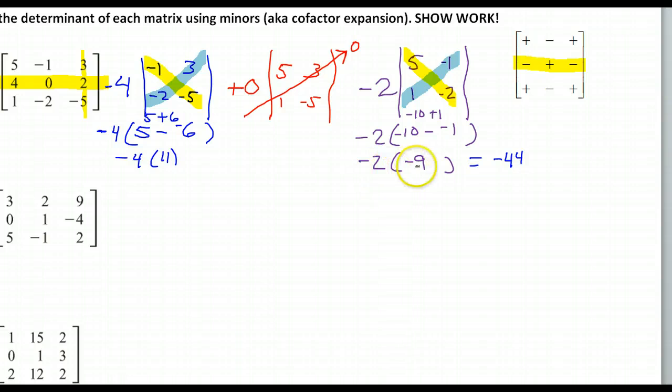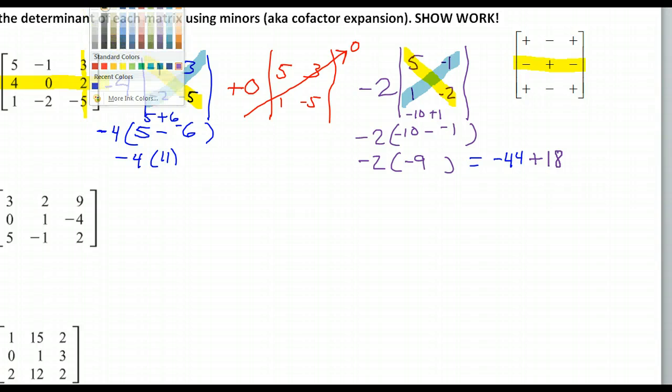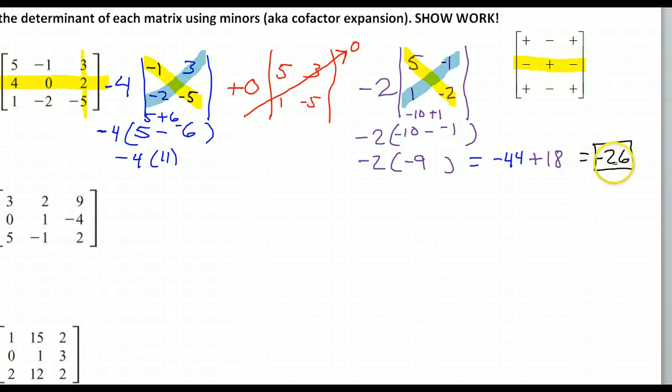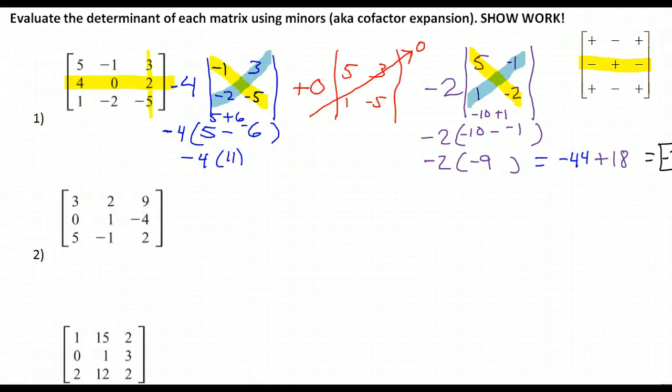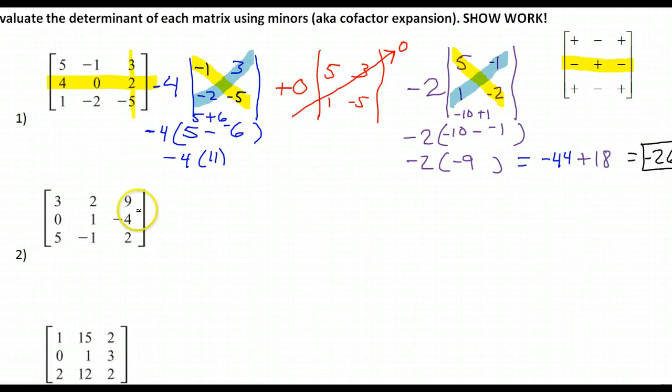And then negative 2 times negative 9, that's positive 18. Okay, so negative 44 plus 18, that is negative 26, so that is the answer. So that is the answer to problem number 1. It's negative 26. All right, let us do that again with problem number 2.